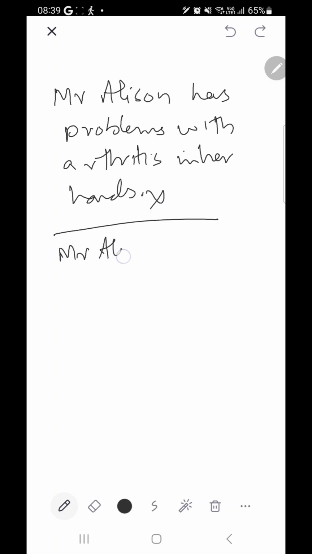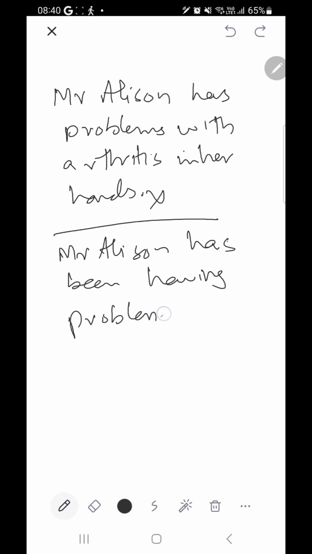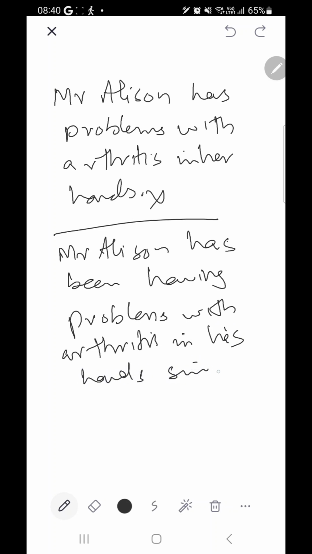Mr. Ellison has been having problem with arthritis in his hand since 2007. Anyhow, so these are a few examples for the tenses.